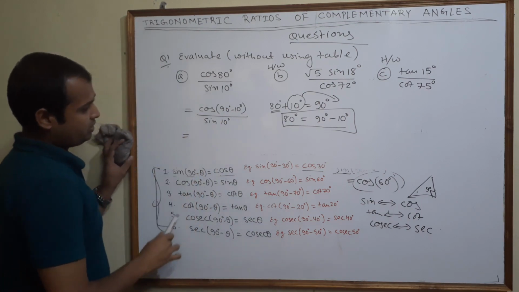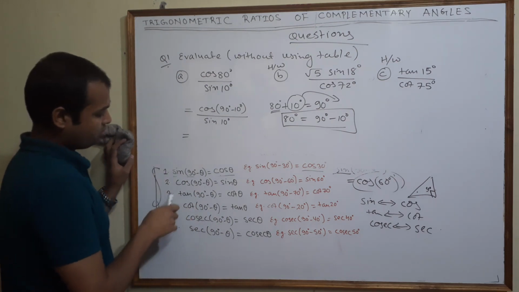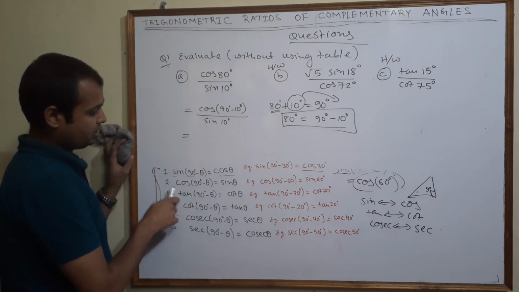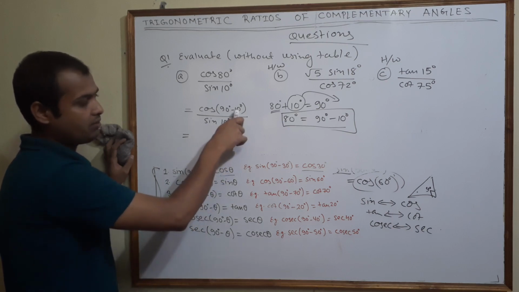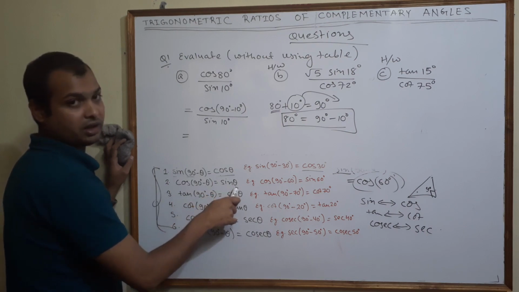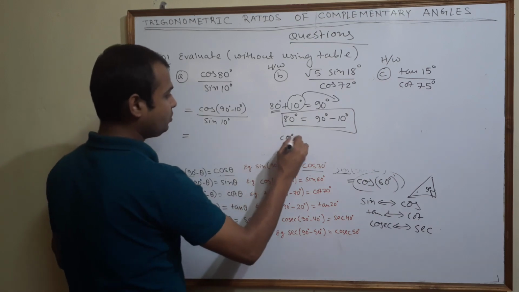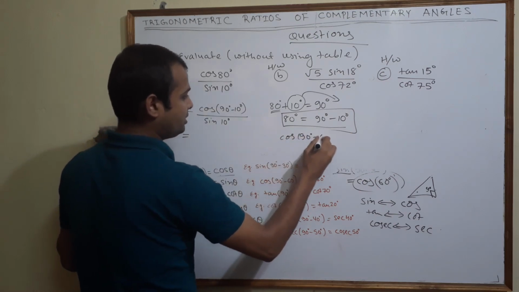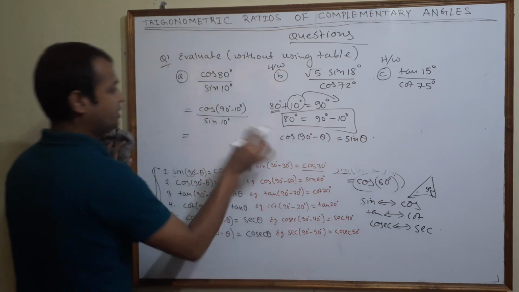Now see over here, cos(90 minus 10 degrees). Here we have cos(90 minus theta), and in place of theta we have 10. So cos(90 minus theta) is equal to sin theta.